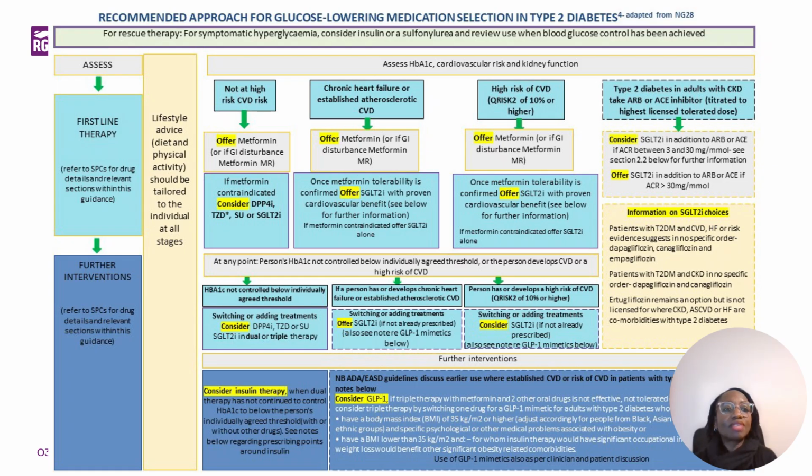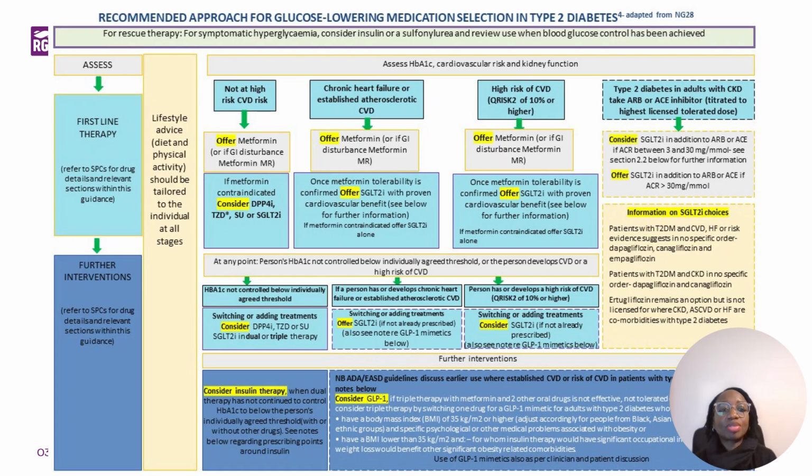So first line for most people is metformin, as you can see here. And we always have to assess the HbA1c, the cardiovascular risk, as well as the kidney function. Okay, so metformin when somebody does not have a high cardiovascular risk. Here, metformin will be the agent of choice, and then if it's contraindicated, then the other choices are listed here.